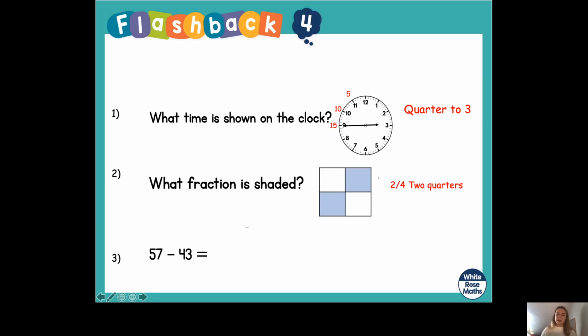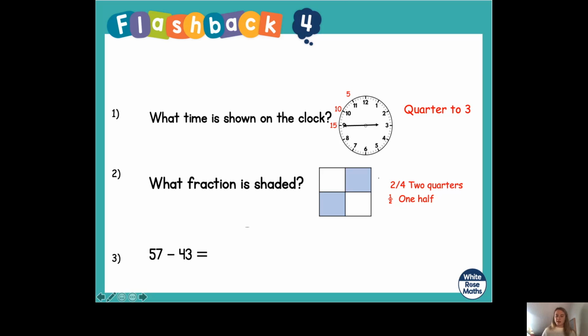So we can say 2 quarters of this shape are shaded in. But we know that 2 quarters is the same as another fraction, isn't it? Can anyone remember what fraction is the same as 2 quarters? Yes, that's right, it's a half. So therefore we can say that 2 quarters of this shape are shaded in, or we can say 1/2 of this shape is shaded in. Okay, so well done if you managed to spot that one.